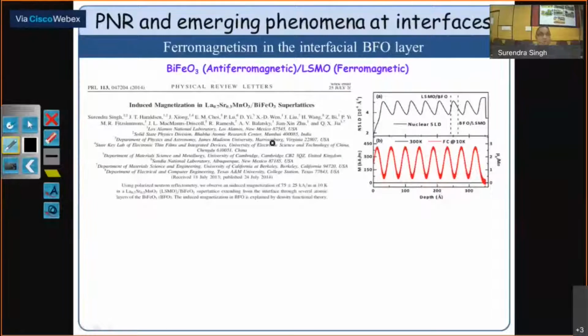What is observed in this study is that the thickness of the BFO layer at the interface is large as compared to the earlier study, where they found just 4-5 angstrom. Here, a larger thickness of BFO, around 20 angstrom, so the whole thin layer we got the ferromagnetism.